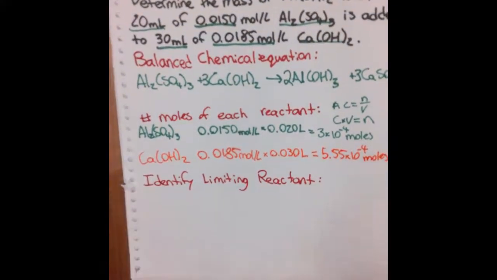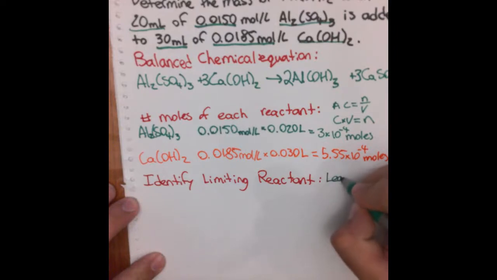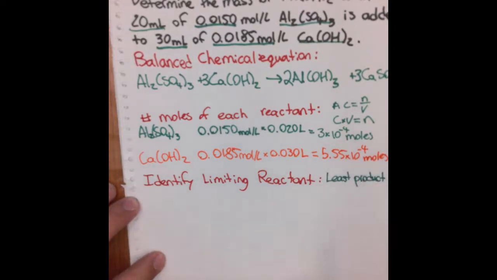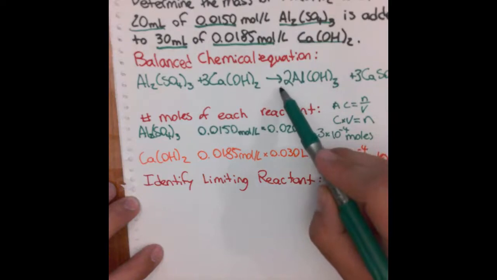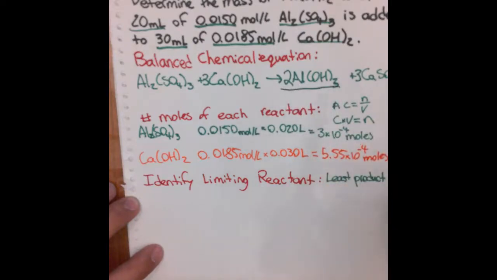So down here on the bottom now, we're asked to determine the limiting reactant. How do we do that? Well, we want to look and see which reactant is going to produce the least amount of product. So let's pick our product, might as well go for the one that we're going to be looking for in the end, our aluminum hydroxide, or Al(OH)3.